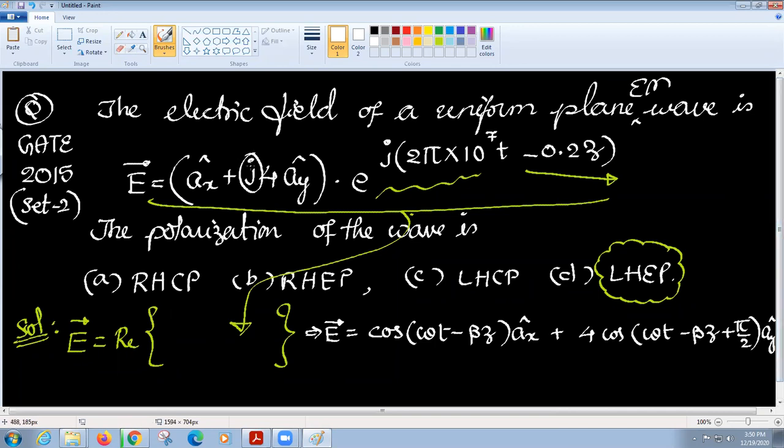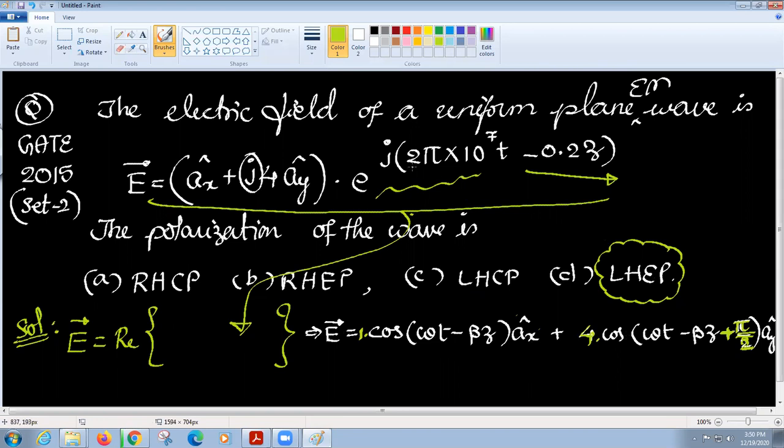I have j, and j is equal to e power j pi by 2. I'm just taking its real part, so it shows in the argument as positive pi by 2. And you have coefficient 1 here, and coefficient 4 here.